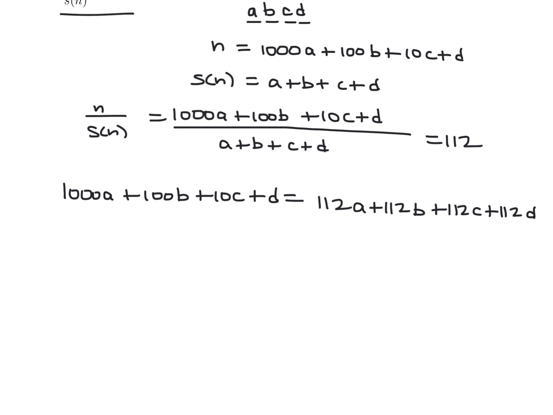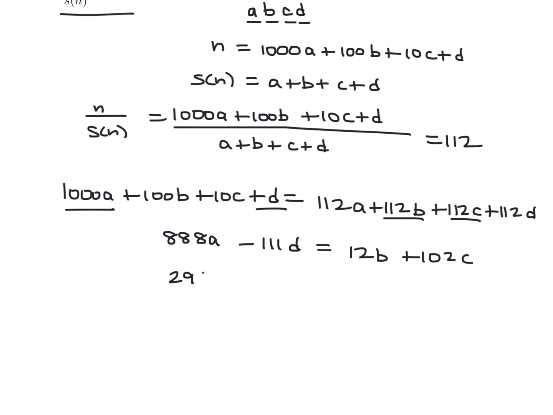problem. So let's keep the A and D on one side, and the B and C on the other. When I do that, I get 888A minus 111D, and this side becomes 12B plus 102C. And then I divide through by 3, I believe.